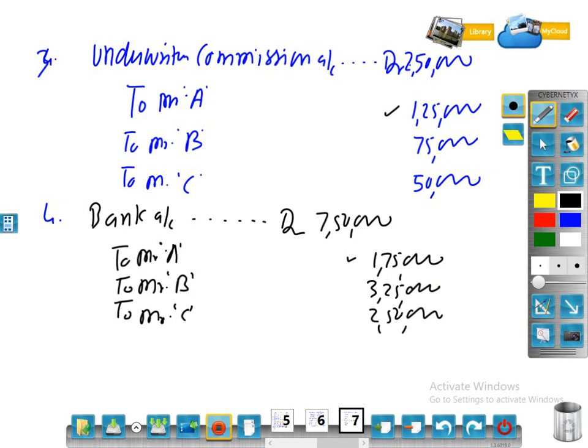So remember, to check whether my solution is right or wrong, all the partners' balances should be 0. That is the end of this solution. I hope all of you have followed it. Thank you.